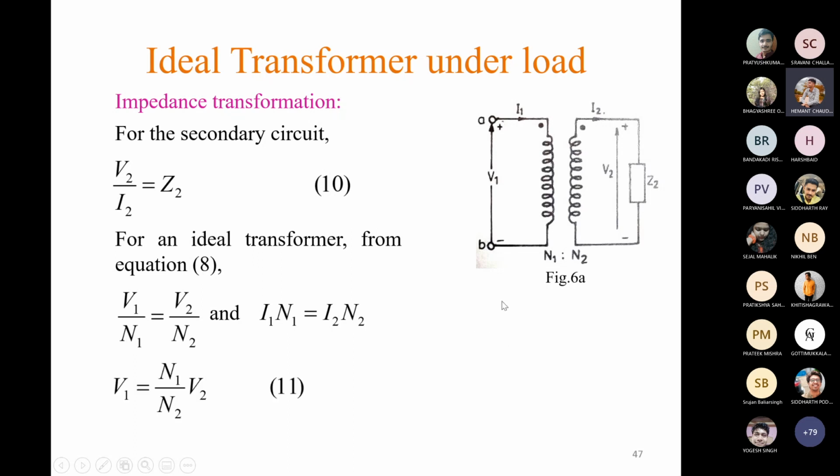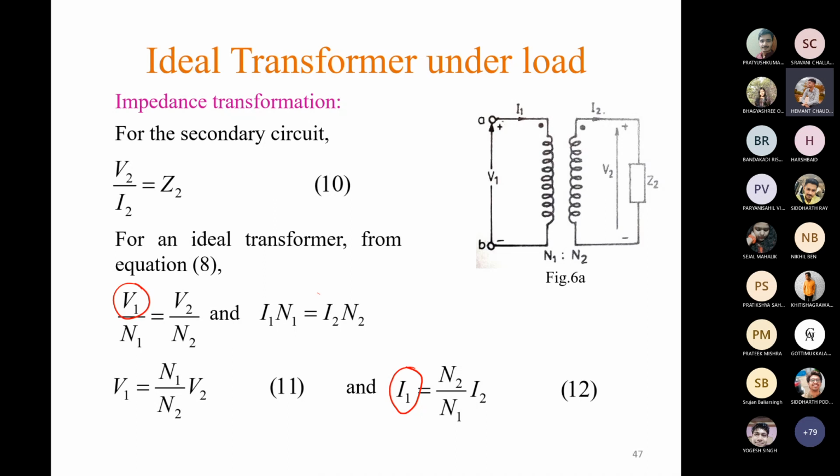From the first equation we can write V1 is equal to this, and from the second equation we can write I1 equals to this. Now divide equation 11 by 12.